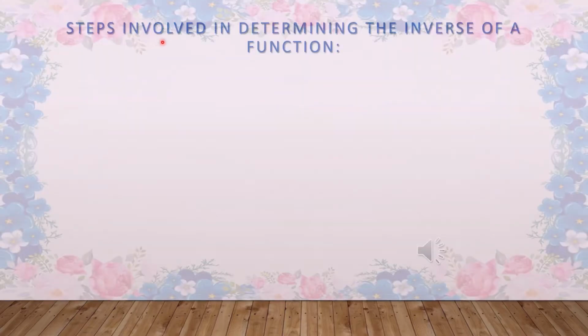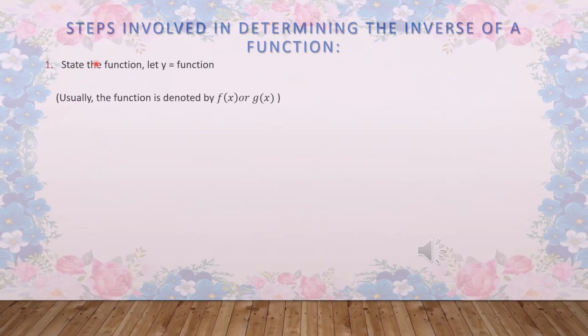What are the steps involved in determining the inverse of a function? If we list this out into steps, what should it be? We start off by stating what the function is. This is usually supplied to us in the problem, most times using f of x or g of x.